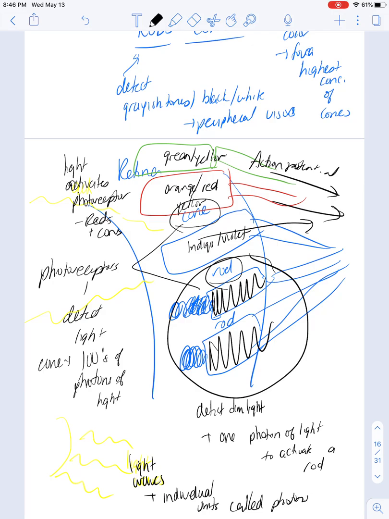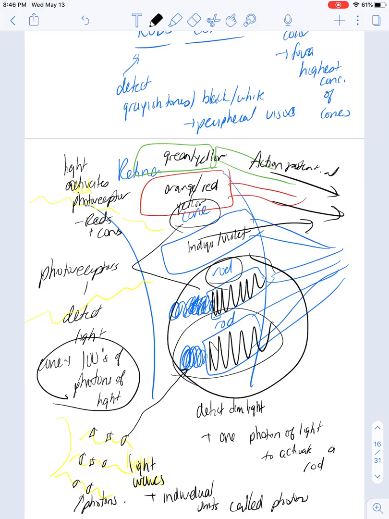It's traveling towards us in these energy waves, but within these waves are tiny particles called photons, which are individual pockets of energy. One of these photons is enough to activate one rod in your vision, but you need hundreds of photons of light to activate your cones. So rods are really sensitive.